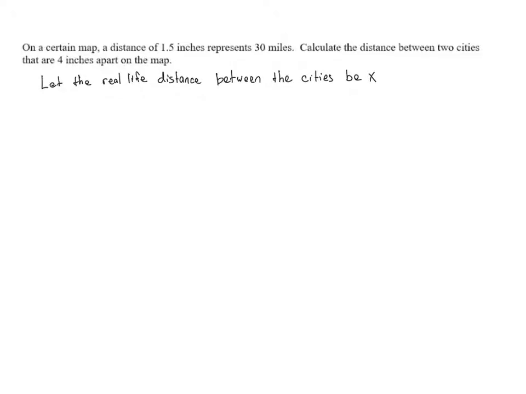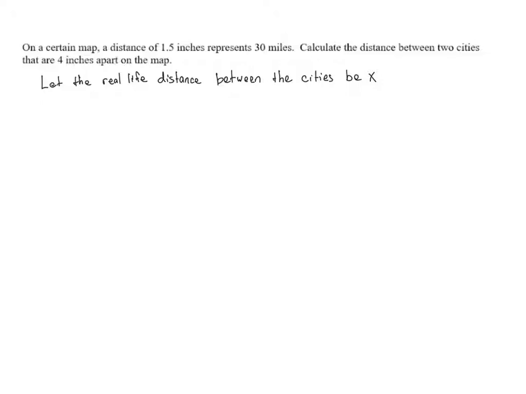Now, this is one type of problem that is solved using proportions, because whenever we have a map, the goal of the map is to accurately represent what's going on in the real world. And so all of the distances have to be proportional on the map as they are in the real world, or the map won't actually represent what's going on. So anytime things are proportional, we know that we're going to be doing a proportions problem.